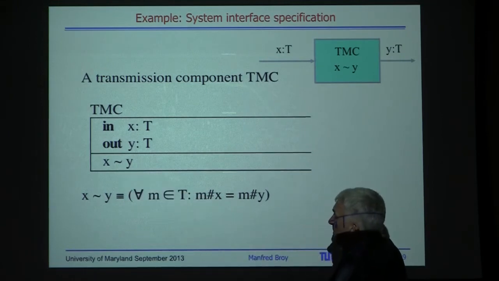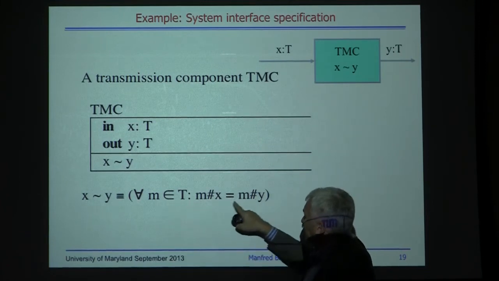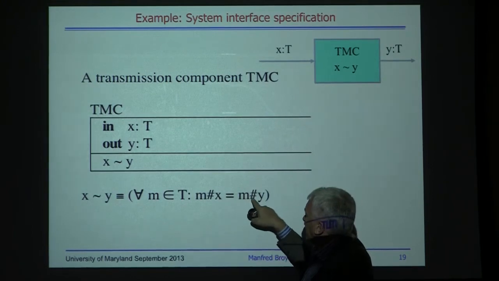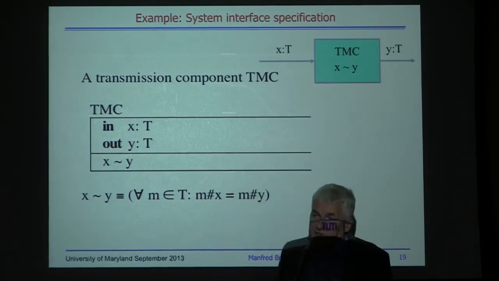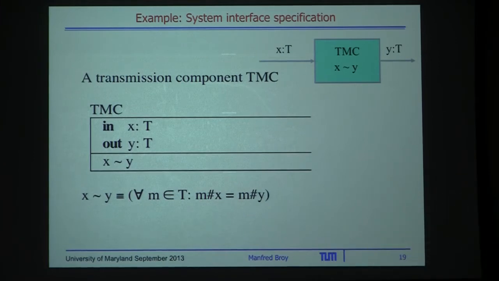X twiddle Y is explained as: for all messages M, we require that the number of copies of the message M in X and the number of copies of the message M in Y are the same. Keep in mind that in addition we require strong causality. And this gives you a very simple system specification, which just talks about the messages in the input streams to describe behavior.